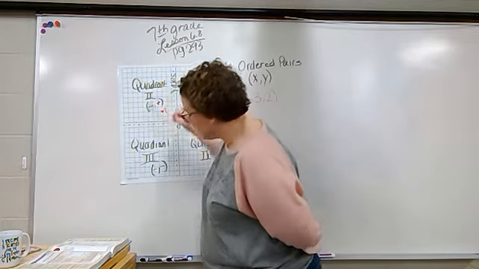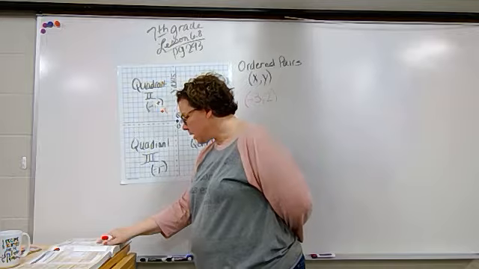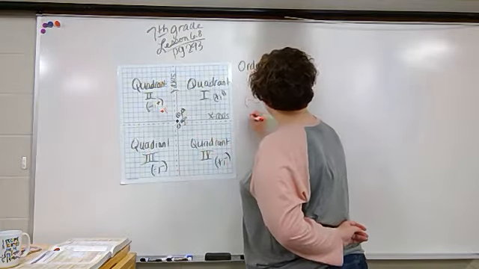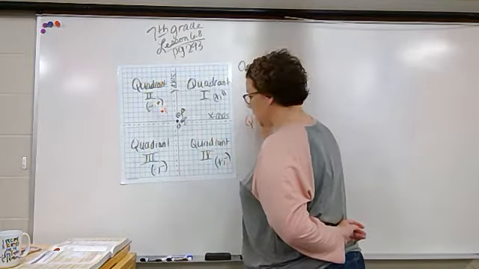This is point P that they talk about in your book. Point Q is (0, -2). If I've got a 0 for X, that means I'm right here on the y-axis, and -2 would be right here. So this is point Q that they talk about in the book.